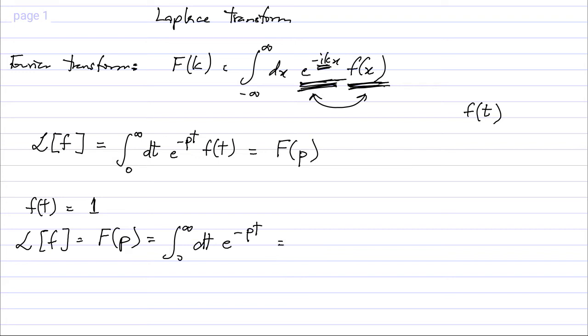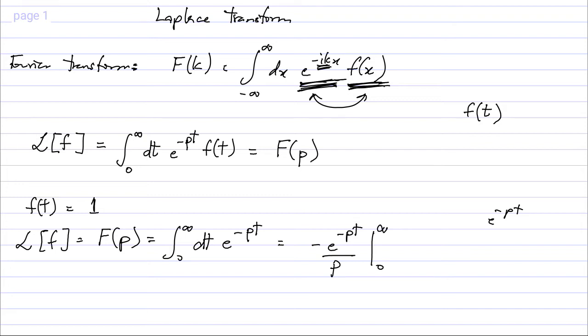And this integral, of course, all of you know how to do. You get minus e raised to power minus pt divided by p, because when you differentiate e raised to power minus pt with respect to t, you get minus p e raised to power minus pt. And then you plug in 0 to infinity.